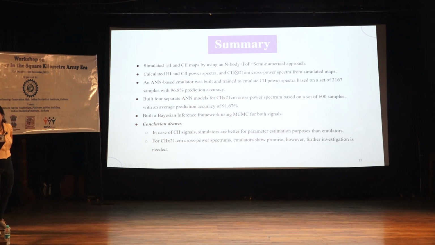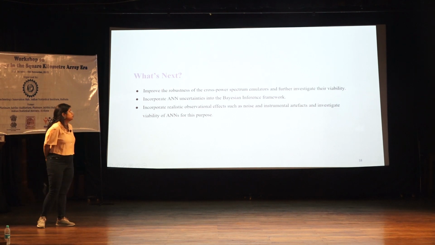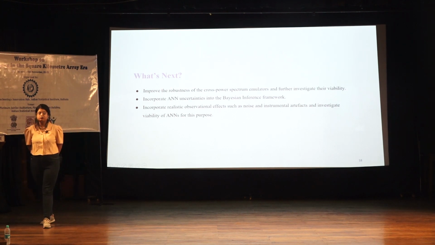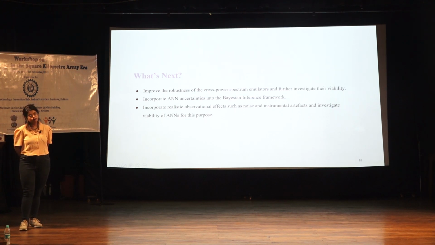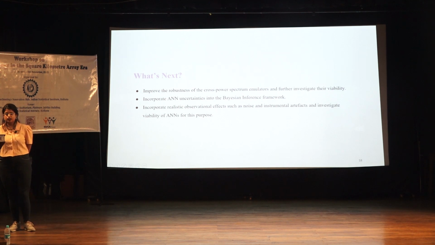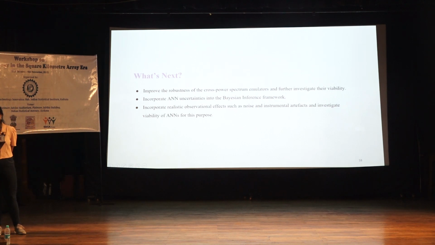So to do that, what we plan to do next is that we would like to improve the robustness of the cross power spectrum emulators, because we suspect that we need a lot more samples to get a reasonable accuracy from our emulators, and we might also need to look into better sampling methods and such.